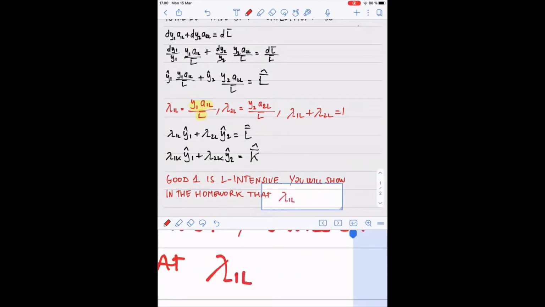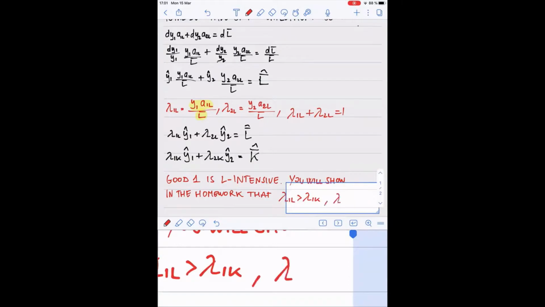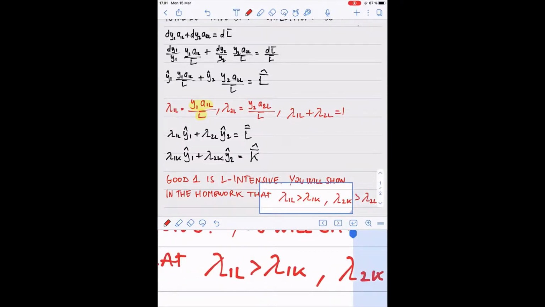Lambda 1L is greater than lambda 1K, and therefore lambda 2K is greater than lambda 2L. I mean, this is sort of intuitive, right? This is saying that the share of workers in industry 1 is larger than the share of capital in industry 1.